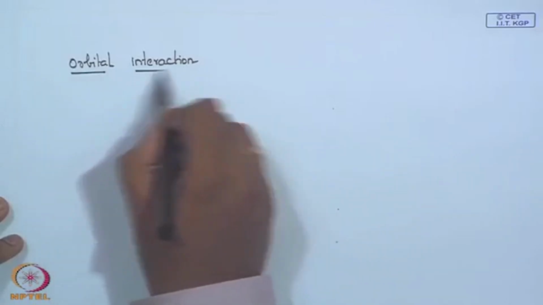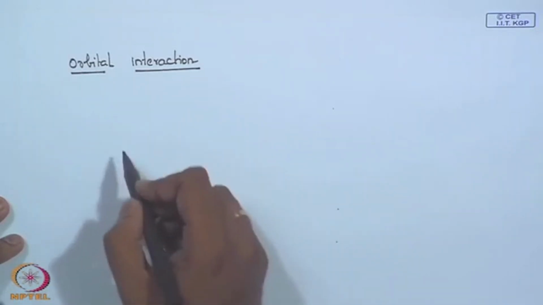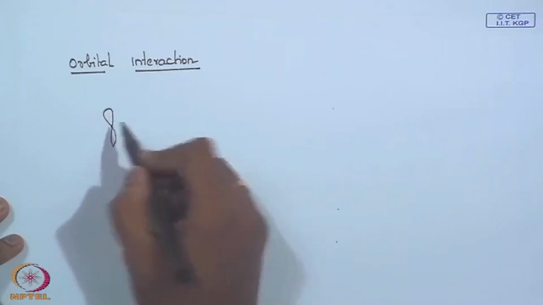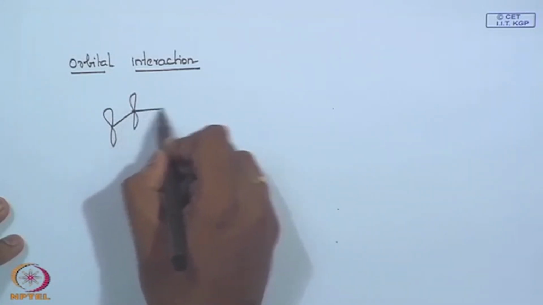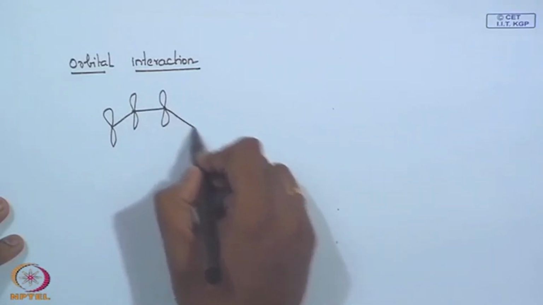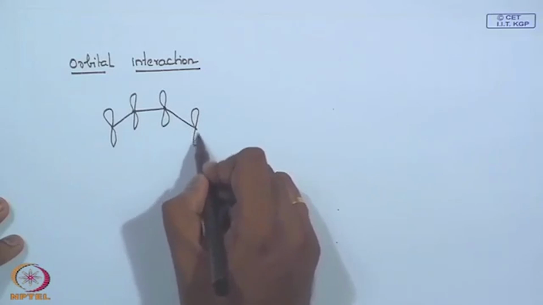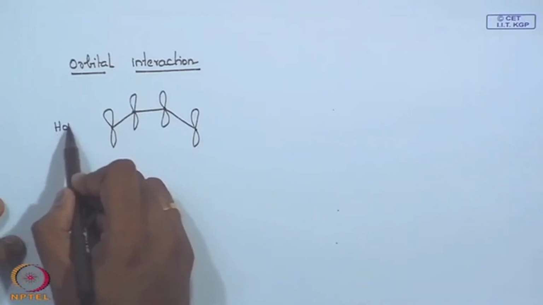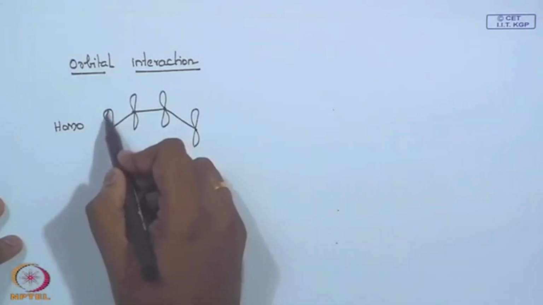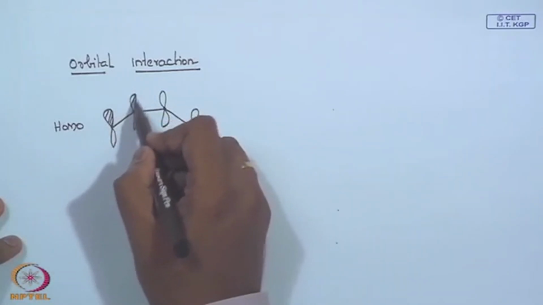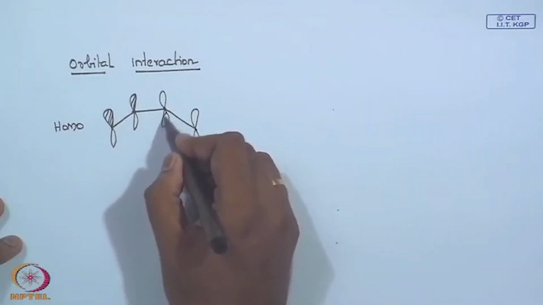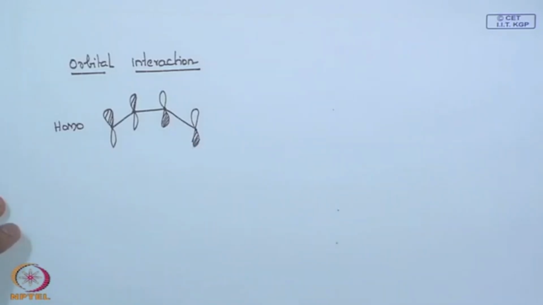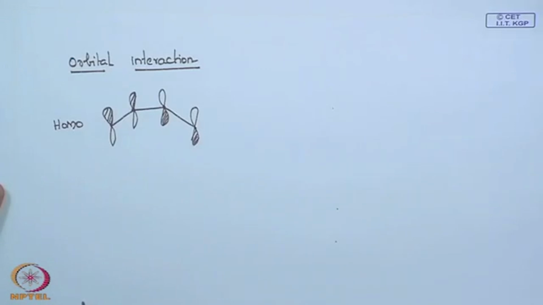Orbital interaction you will see. Taking a diene, in one case I am going to take the HOMO of my diene. So, the HOMO should be, you remember, right? Taking the HOMO and seeing how it reacts, if I am taking the HOMO of the diene, then it should be the LUMO of your sulfur dioxide.